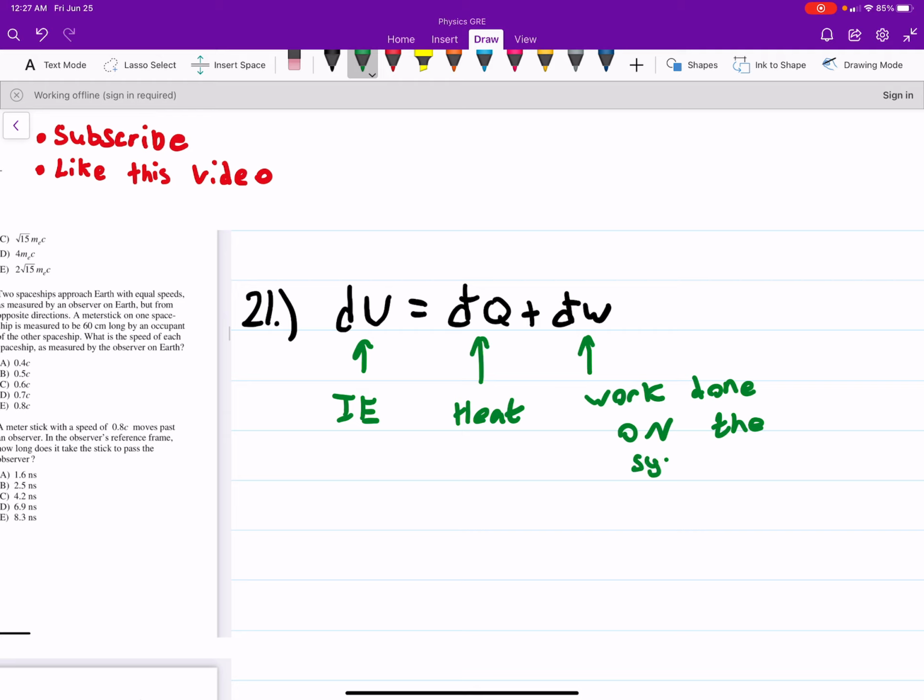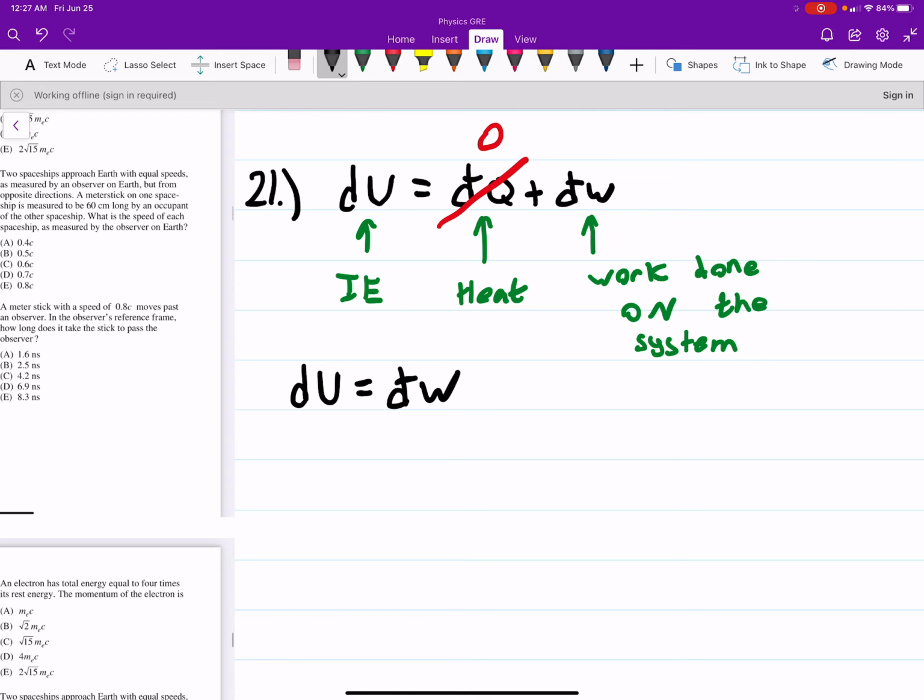It's just going to depend on whichever way they choose to do it. It doesn't really matter. It's just a convention, and the sign will change. Now, for an adiabatic process, that means there's no dQ. There's no exchange of heat. So this is 0, and our first law of thermodynamics says that dU equals dW.